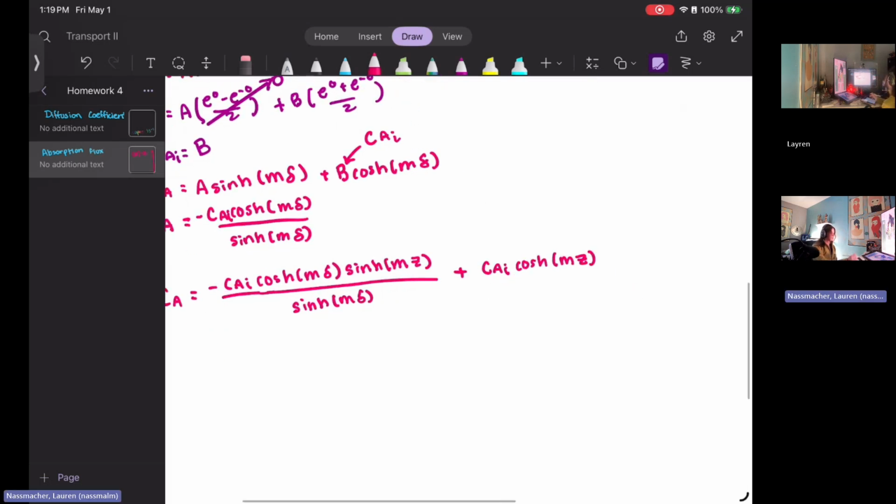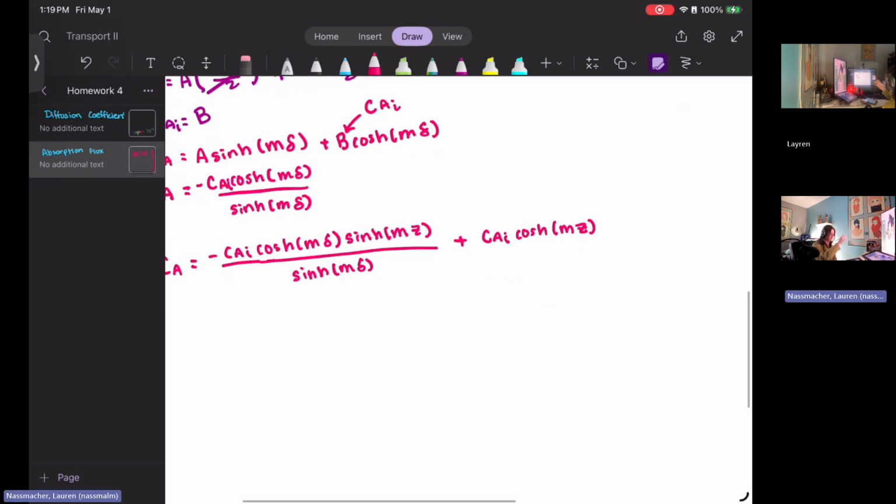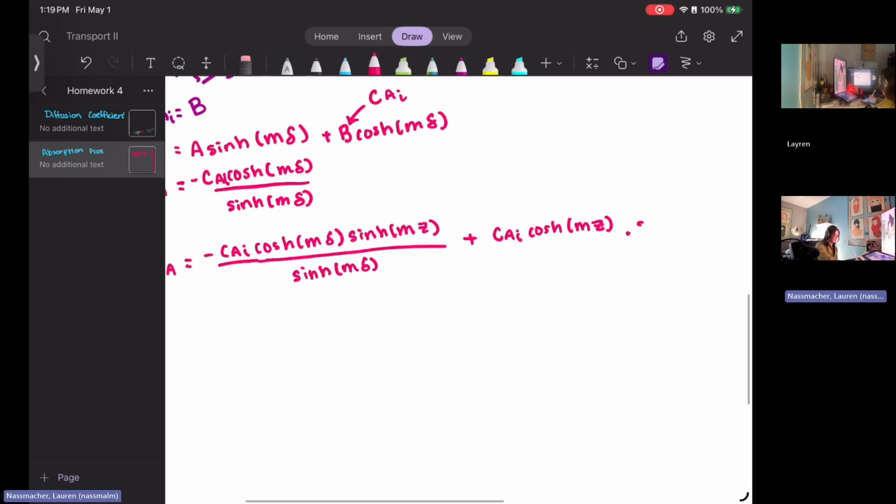What you can do to make this equation come together is multiply this by hyperbolic sine of m thickness over hyperbolic sine of m thickness.